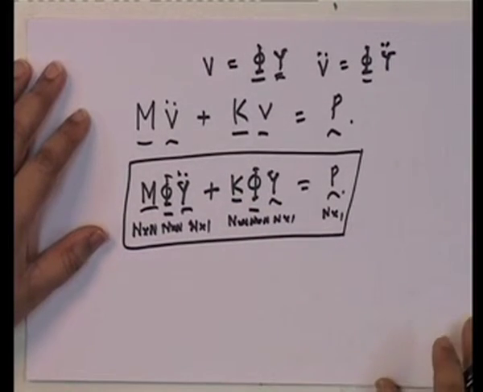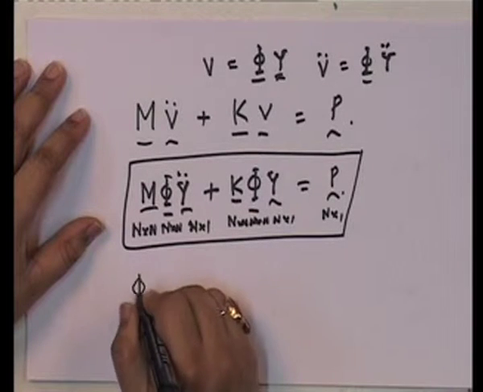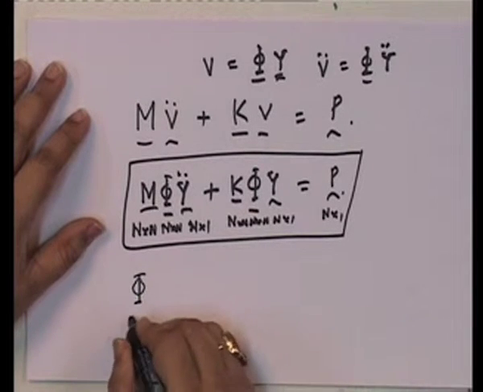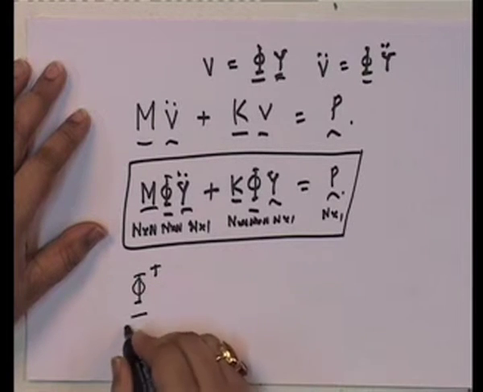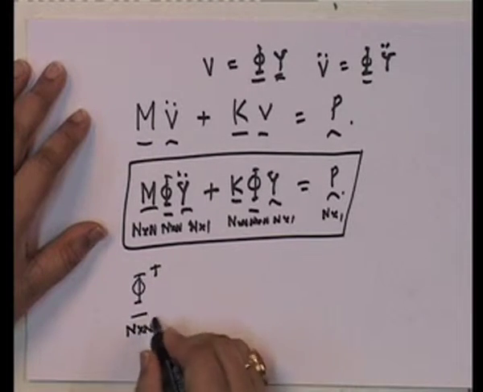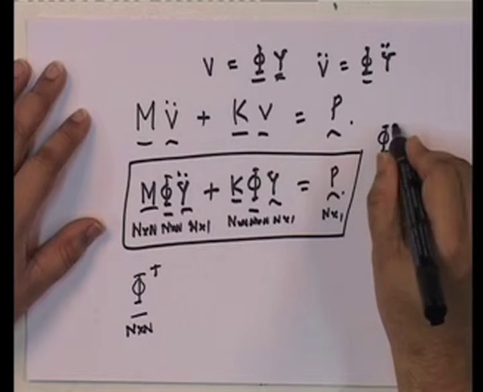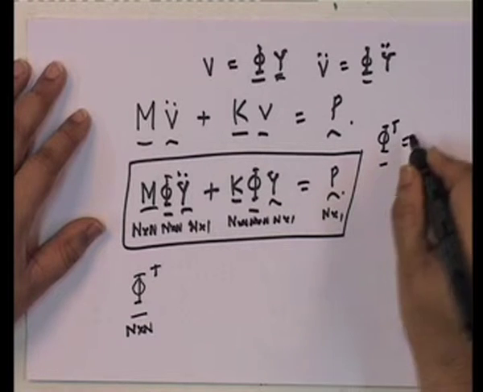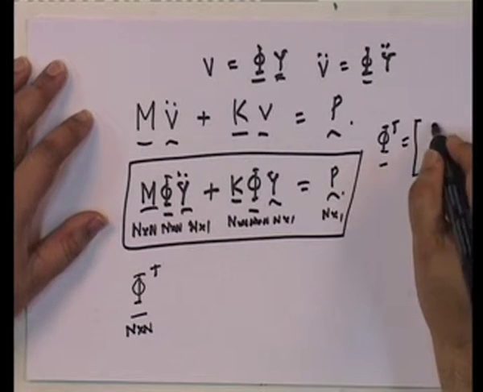Okay. So, now let us see, I am going to pre-multiply this entire thing by phi transpose, which is an n by n matrix. What is the phi transpose matrix equal to?